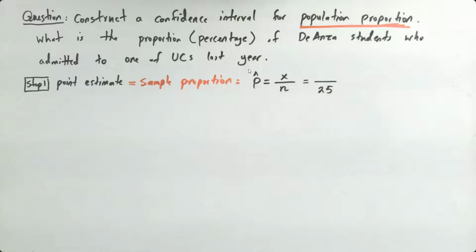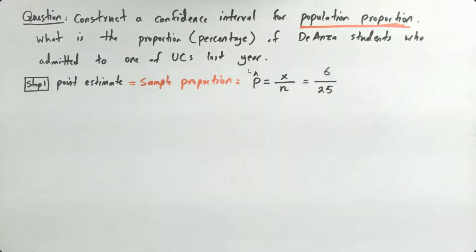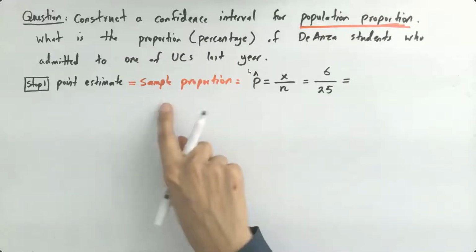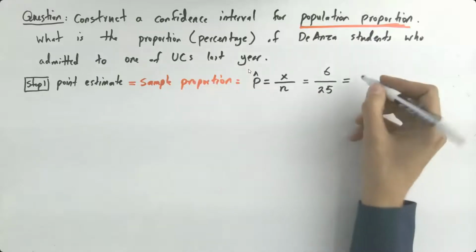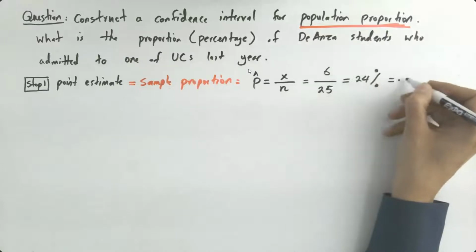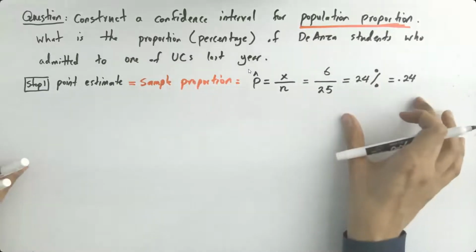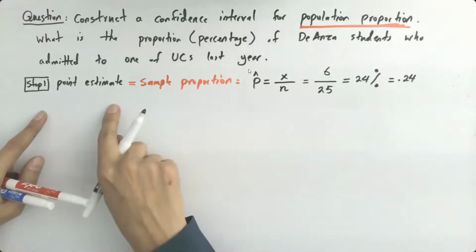And how many said yes? 6 said yes. Let us do the division. If we do the division, we can actually find the point estimate. The point estimate, p hat, is going to be 24% or 0.24.